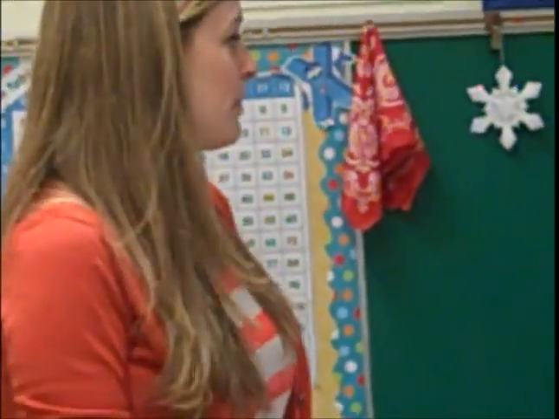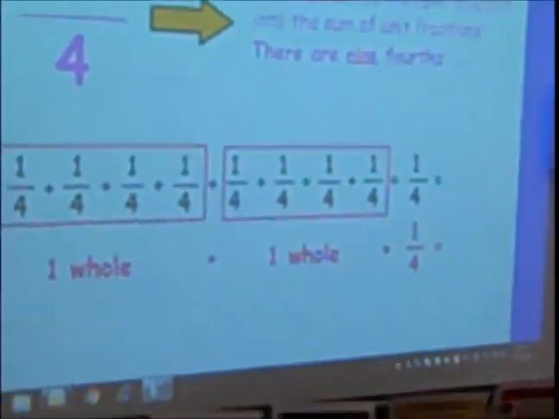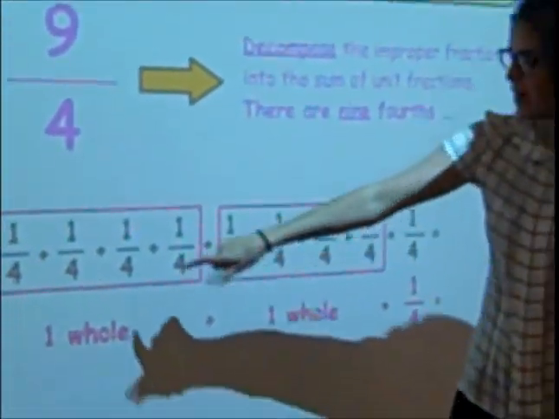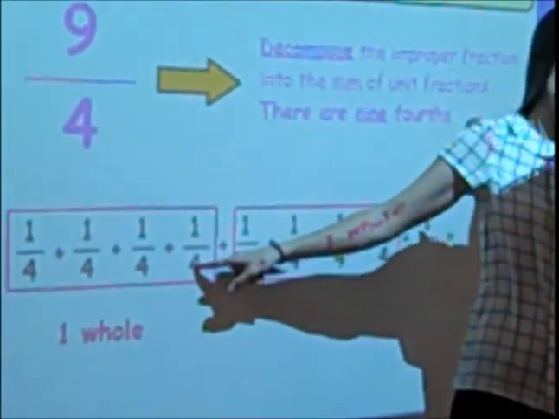Okay? So we go from a mixed number to an improper fraction, but we also go from an improper fraction to a mixed number. And we do that by saying, if we have fourths as our whole, and we have 9 of that, that means we have 9 1/4ths. So we would write them out: 1, 2, 3, 4. Well, I know that 4 fourths is the same as a whole.